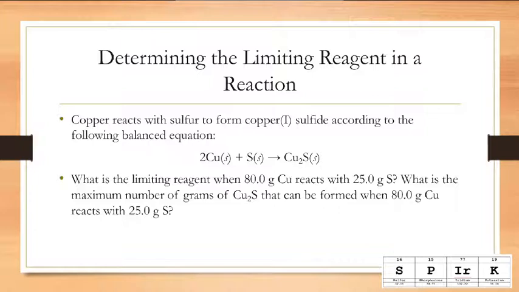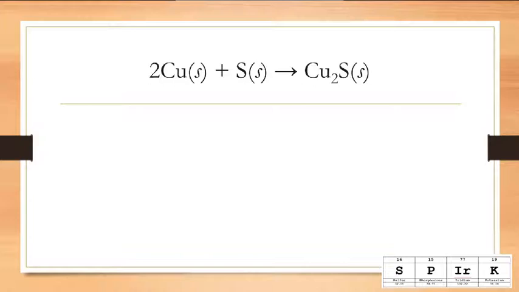So let's go ahead and give this one a shot. We're going to be able to solve these using stoichiometry, but we're just going to do them a little differently than how we have been doing them. So there's our balanced equation at the top. Our first step is to start with one of the reactants. And you can start with either one, whichever you choose first. Since copper comes first in our equation, that's where I'm going to start.